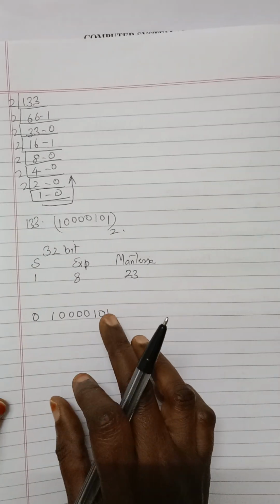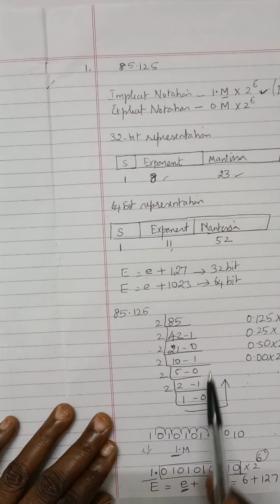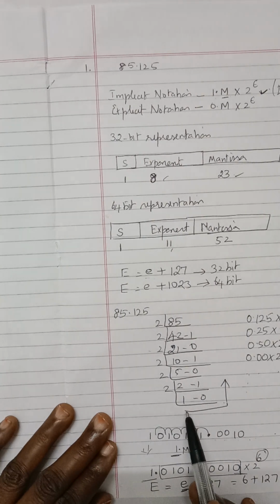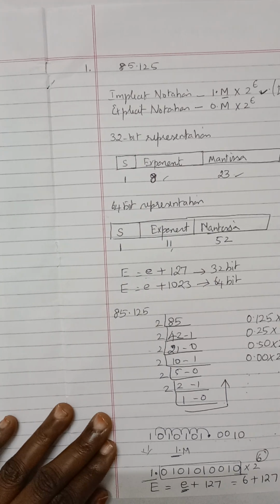You have to write 23 bits, but we have only these bits.